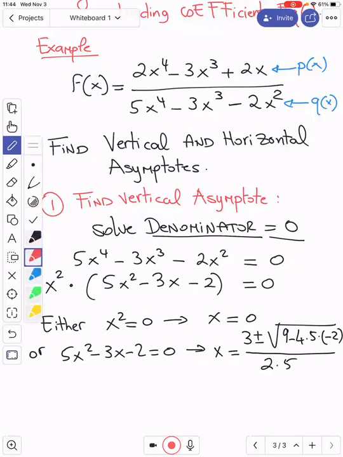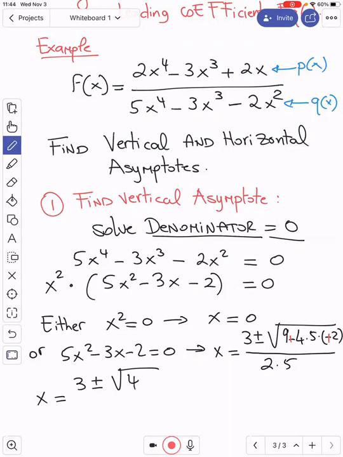Then this minus will be a plus. So x is 1 plus or minus square root of 1 plus 4 times 5, that's 20, times 2, that's 40, that'll be square root of 41, over 10.